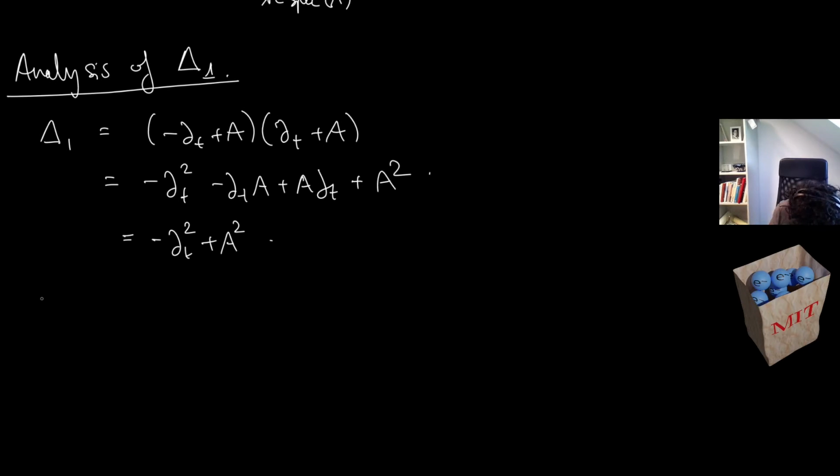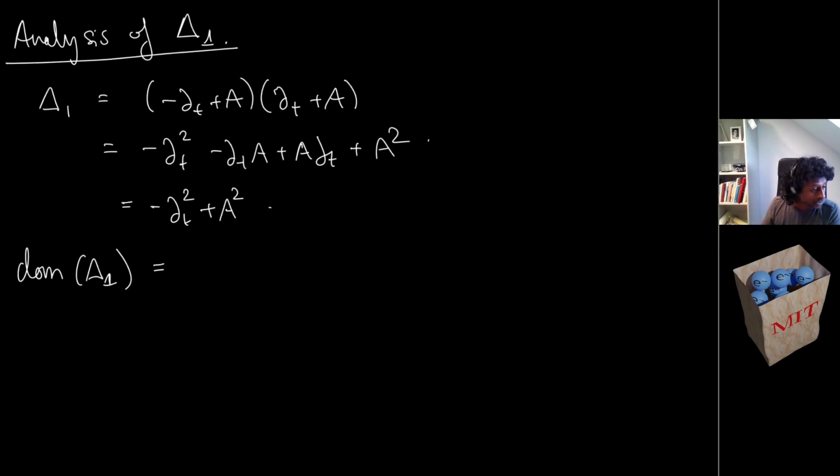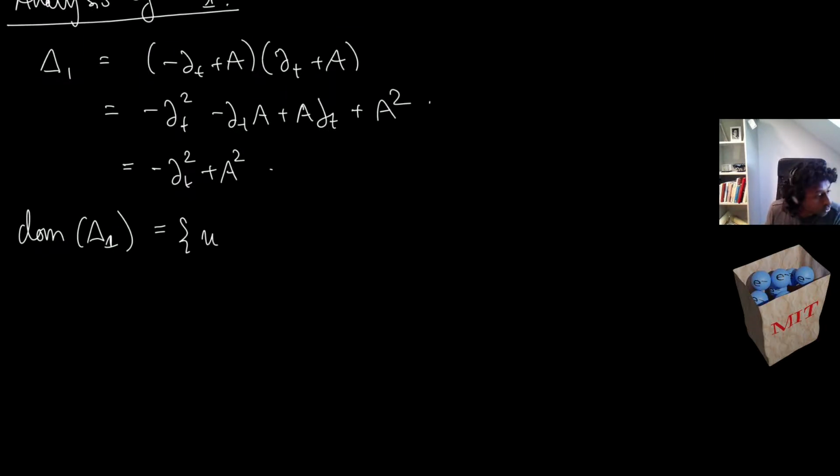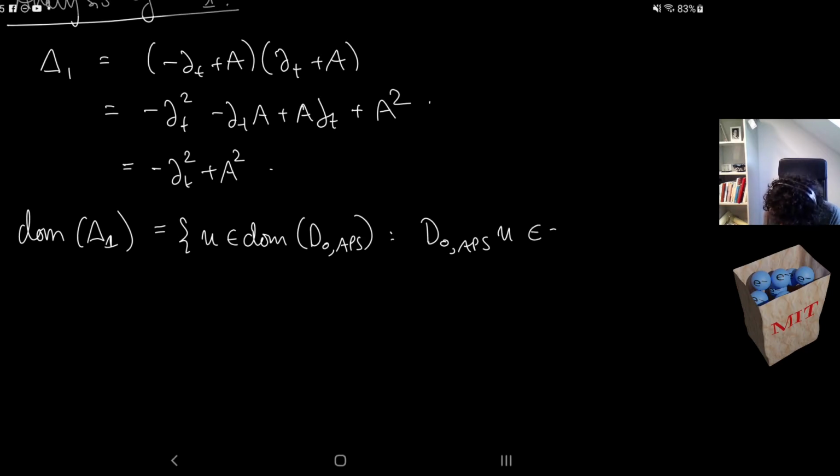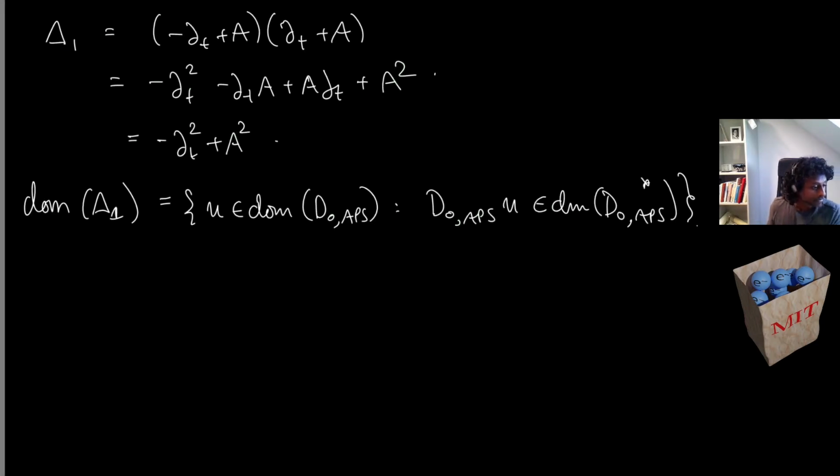And what's the domain? The domain of the Laplacian when we're writing it in this way is precisely going to be the u in dom d naught APS, such that d naught APS of u is in dom d naught APS adjoint, right?